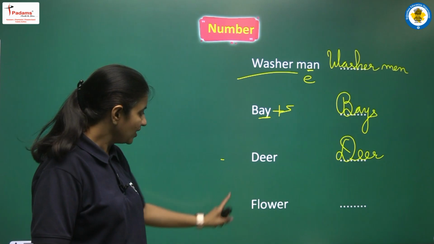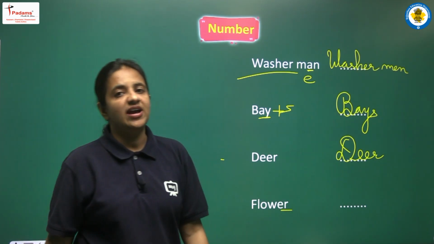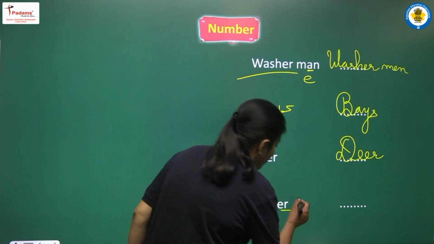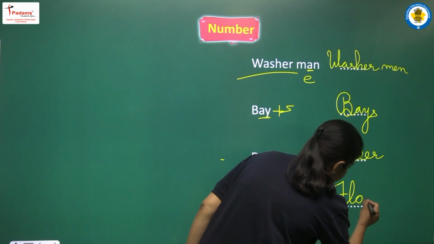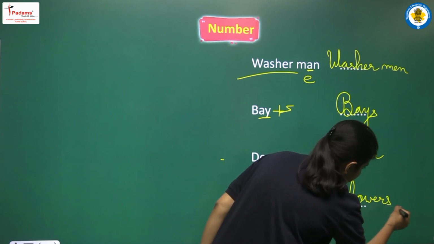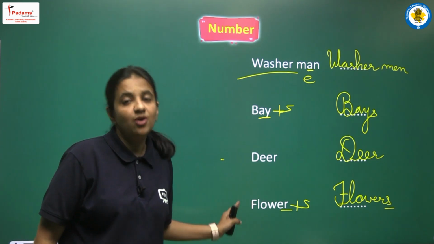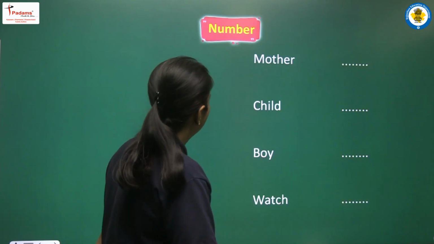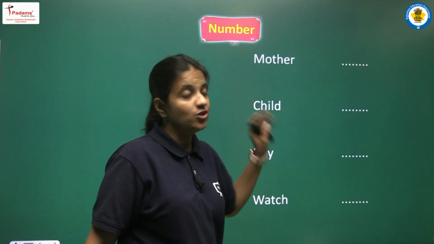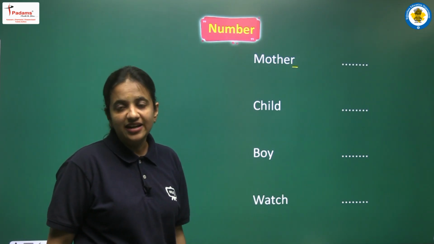Okay. Next we are having flower. We can see the last letter that we are having is R. So here we have to add S and it will be flowers. So we just add S at the end of the spelling. Flower is a singular noun, flowers is a plural noun. Next we are having mother. We can see the spelling, we are having R at the end of the word.